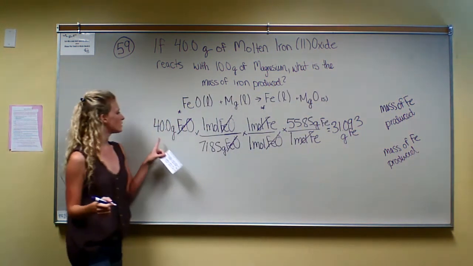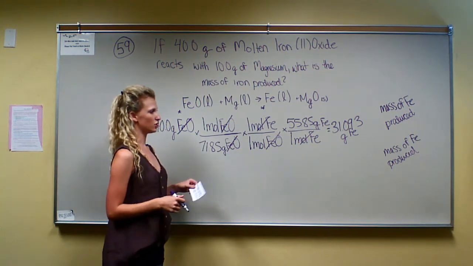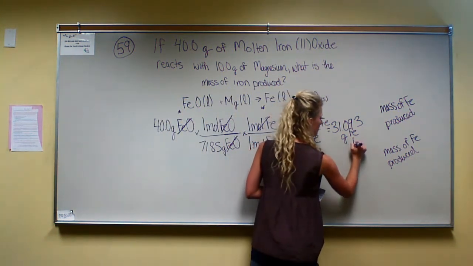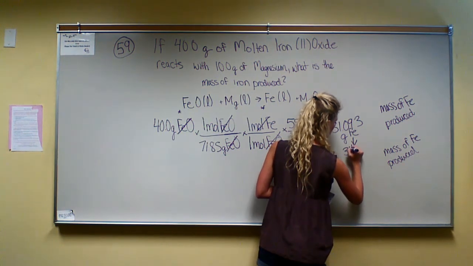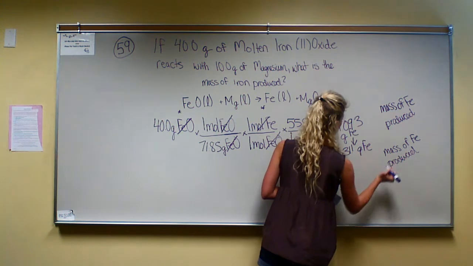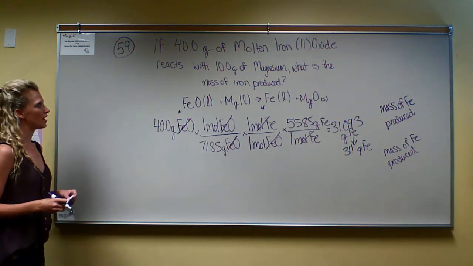Because we started with 3 significant figures in the beginning, we should also answer the question with 3 significant figures. So we're going to go ahead and make this into 31.1 grams of iron. Now we have the mass of iron produced from the molten iron oxide.